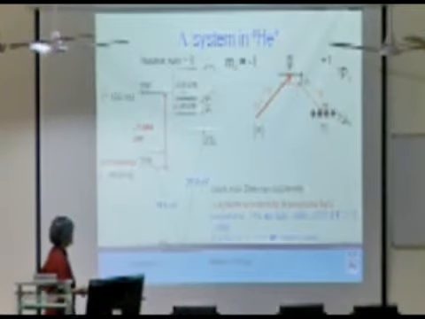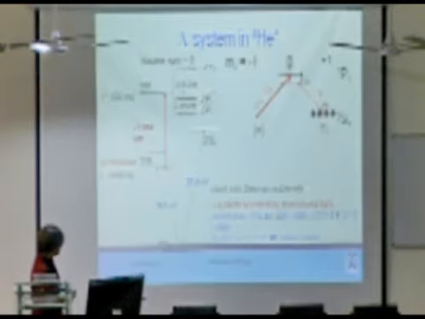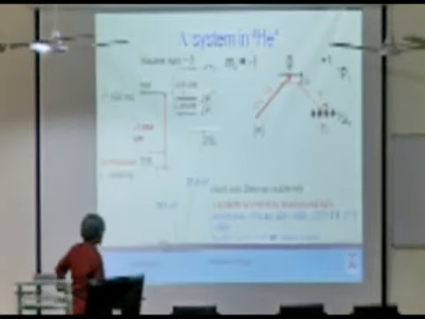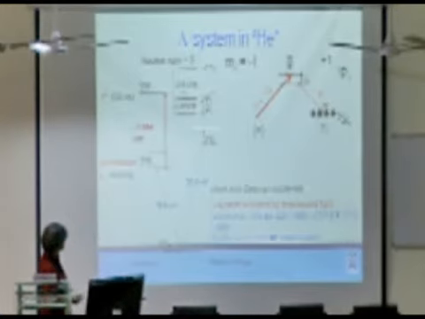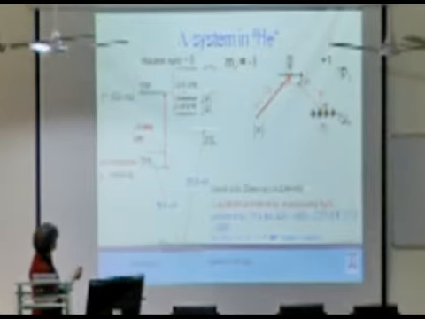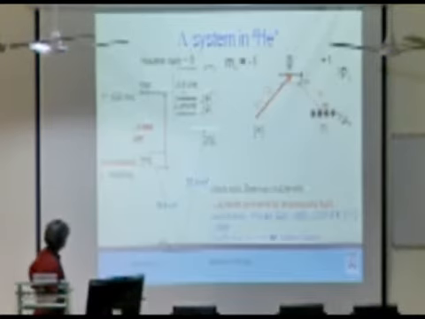We are, of course, not the first ones to come up with this. This was done in a different context, first by the group of Alain Aspect in 1988 and so on and so forth. And of course, this is our paper, the second one that is cited in there. So this is how you create a lambda system, and in this particular experiment, we used this 2³P₁ level.